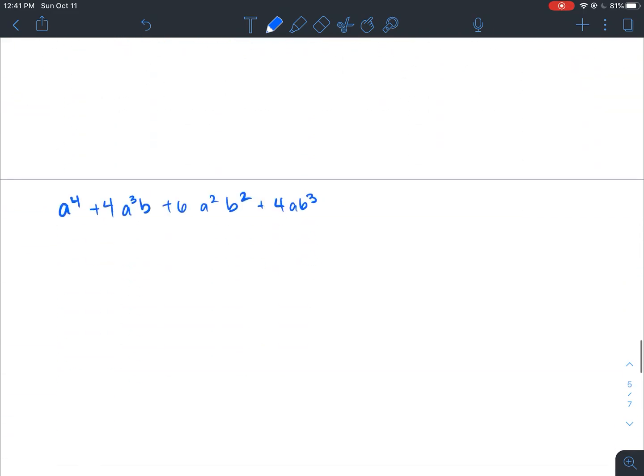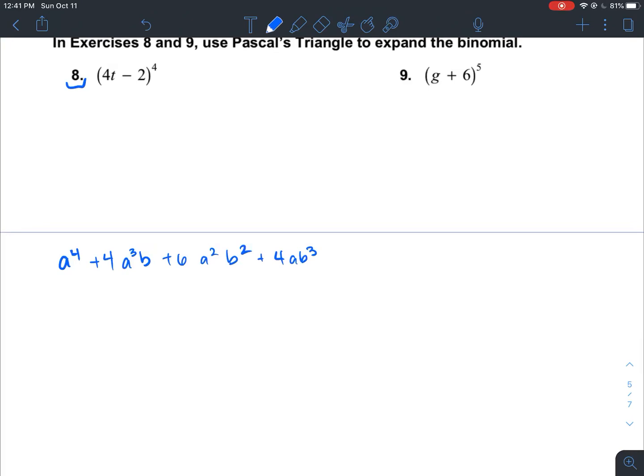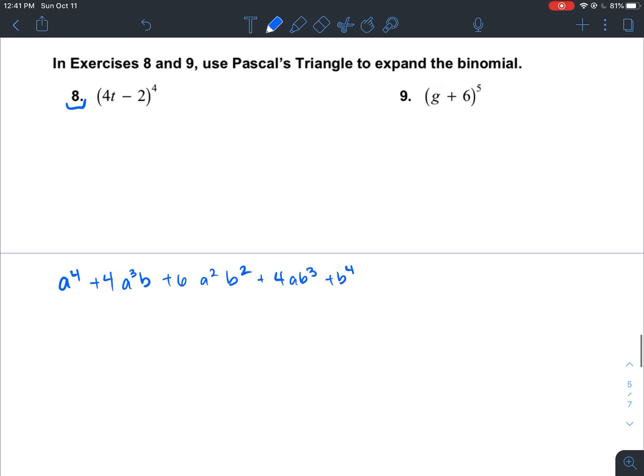I'm just trying to think of the patterns that we solved earlier. Plus b to the fourth. So in this case, a is equal to 4t, b is equal to 2.